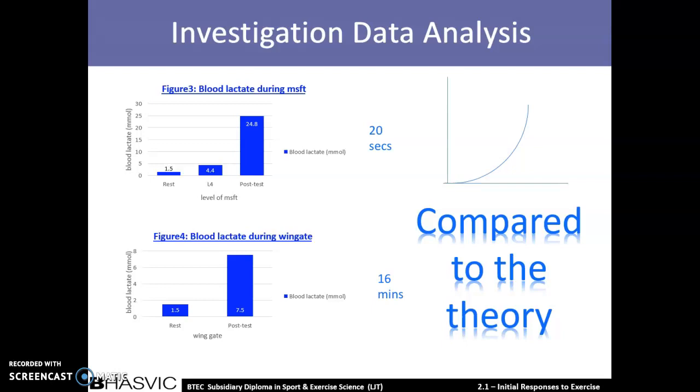During low intensity exercise, the blood lactate stays low, and as the exercise increases, the blood lactate also increases. They both show the same, as they both start low and increase rapidly, which is what the theory also says.